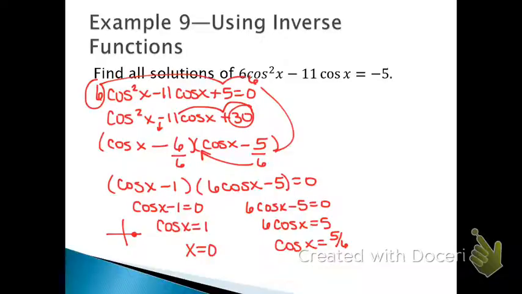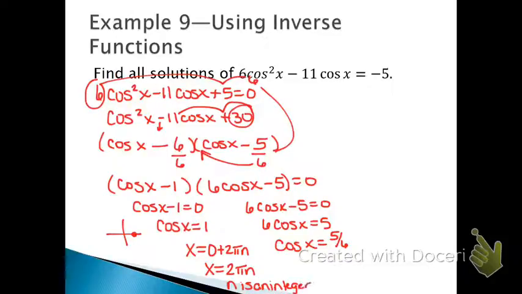Because our problem's not restricted, we put the plus 2 pi n. But we can reduce that even more. What is 0 plus 2 pi n? Well, it's just 2 pi n. All right. And so don't forget, remember, we need to put that n is an integer. I spelled that wrong. Integer.